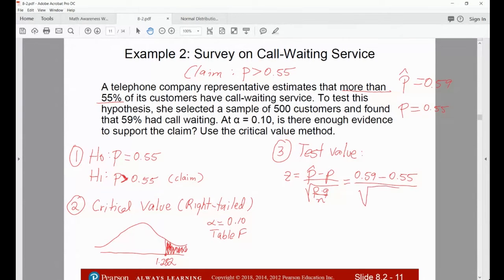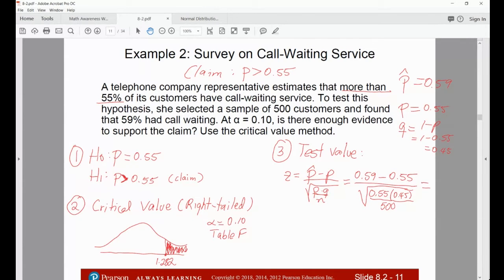Then we're going to divide by the square root of 0.55 times q. What's the value of q? 0.45, which is 1 minus p. So 1 minus 0.55 is 0.45. And then we divide by the sample size, 500.